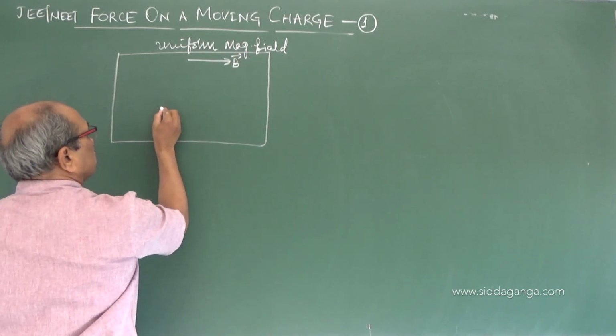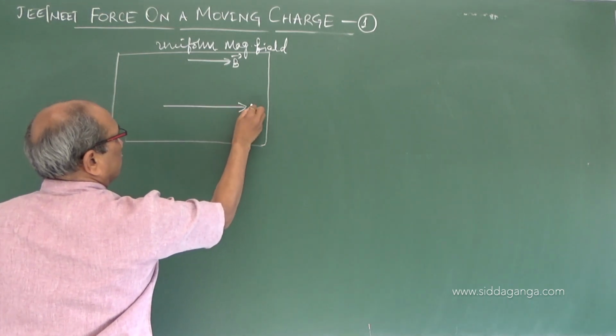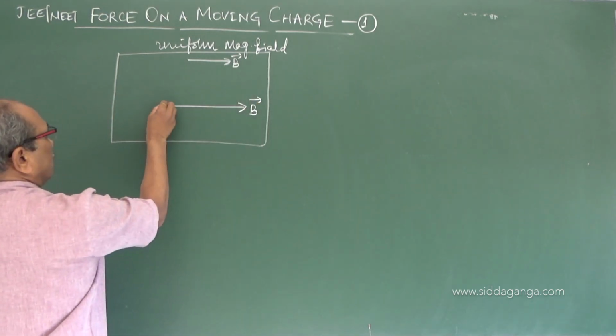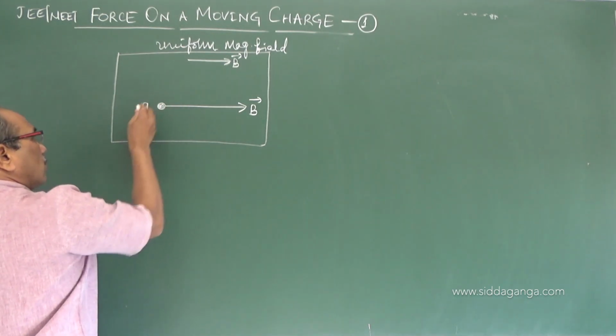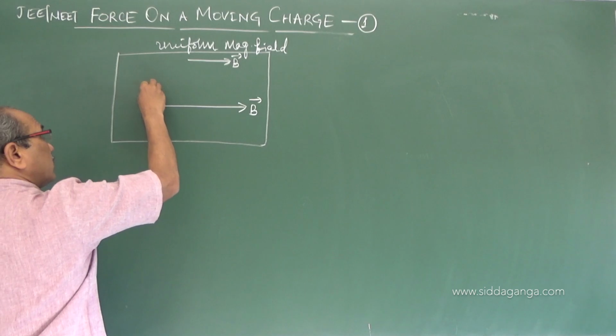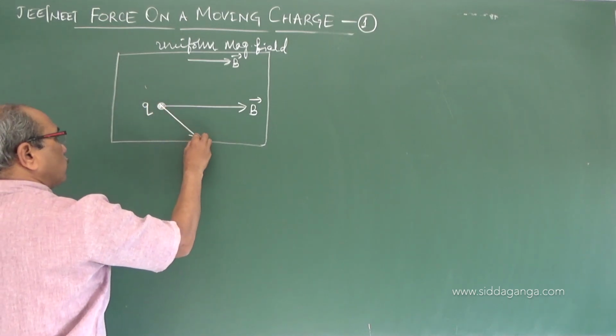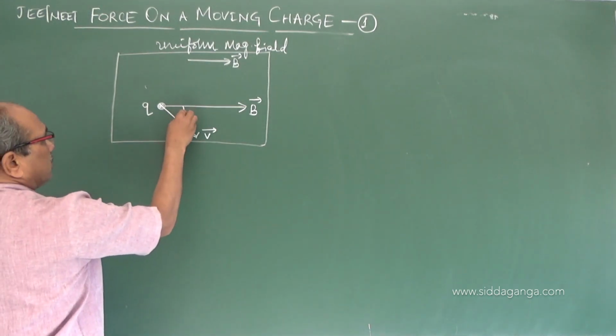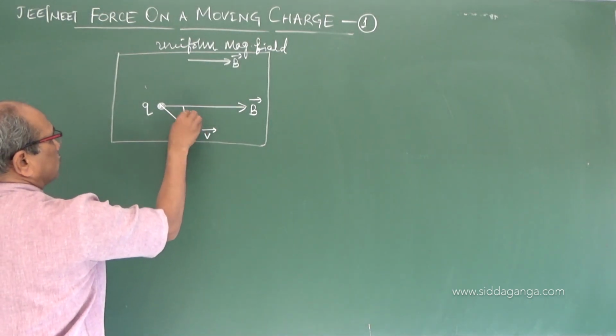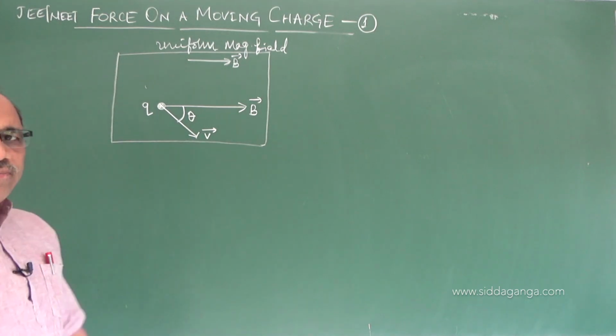This is the direction of the field B. Let us imagine a charged particle Q of mass m entering, making a certain angle with respect to B. The velocity vector makes an angle theta with the direction of the field.